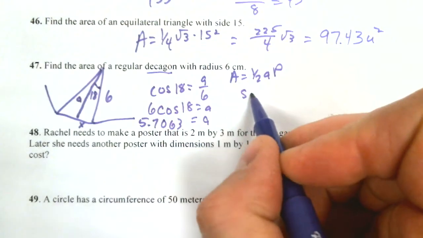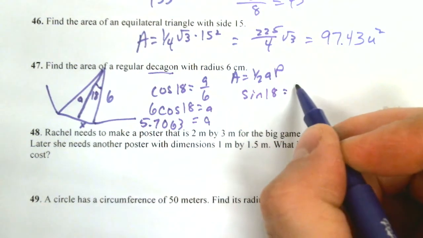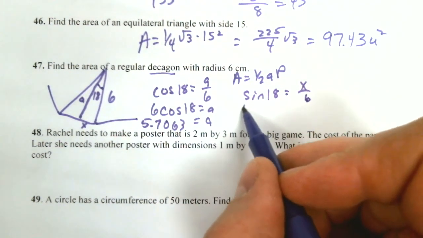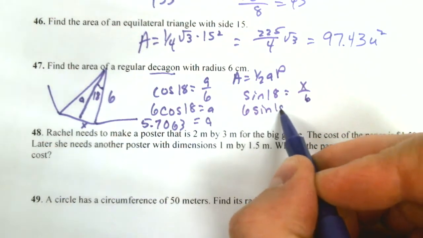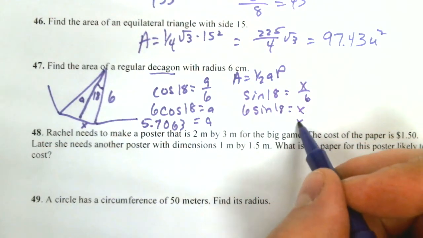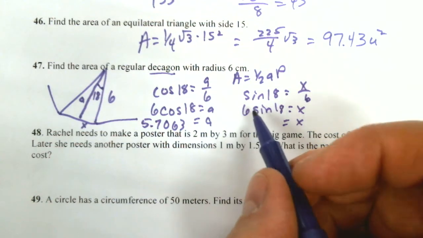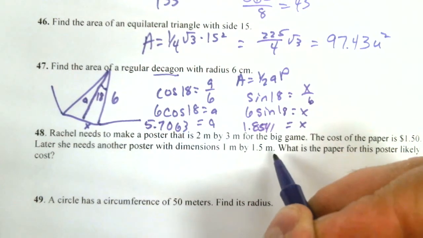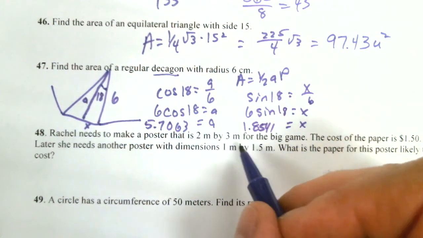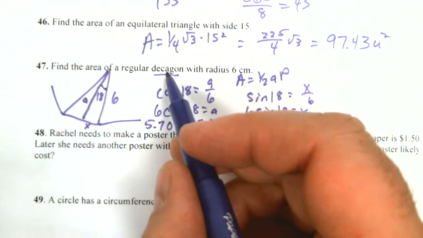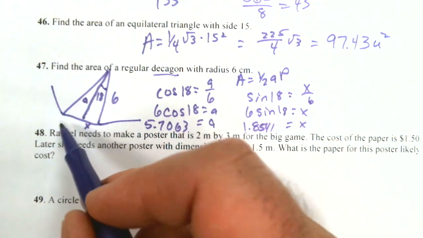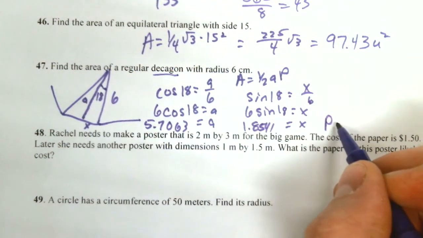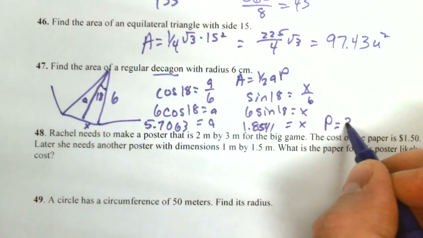Let's use the sine of 18 degrees gives me x over 6. Multiplying both sides by 6, I get 6 sine of 18 equals my x. So my x would be 1.8541. Now to get my perimeter, I have to multiply that by 20 because it's a decagon, so there's 2 of these lengths per side, so multiply that by 20. So I get a perimeter of this thing is 37.082.